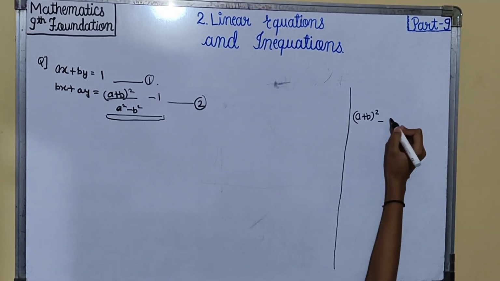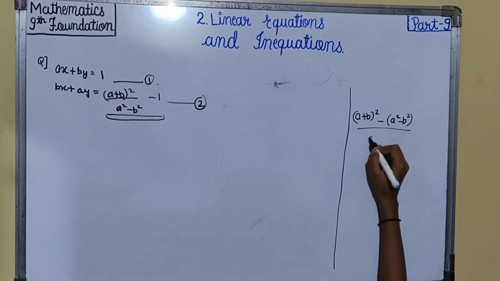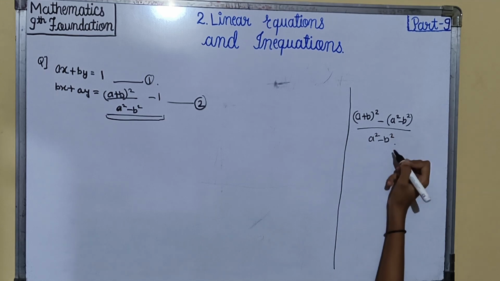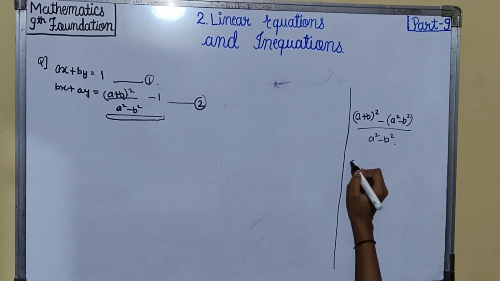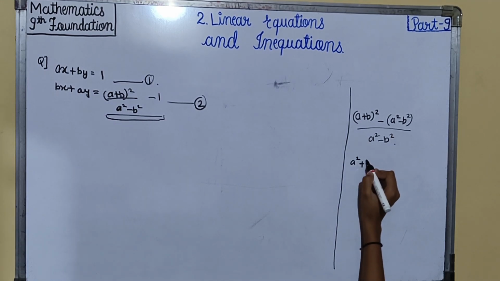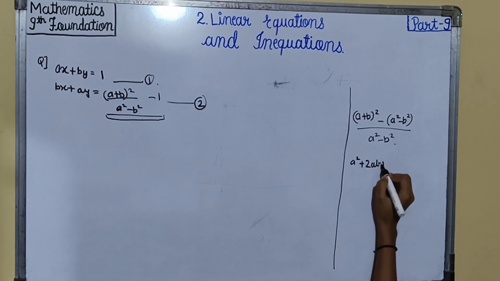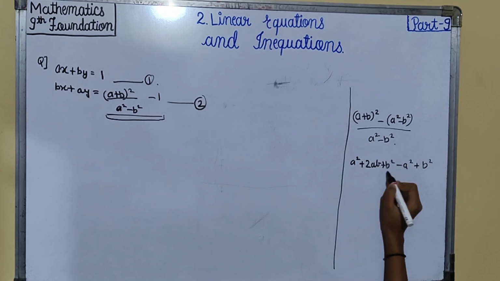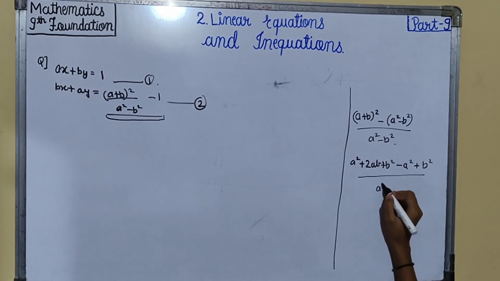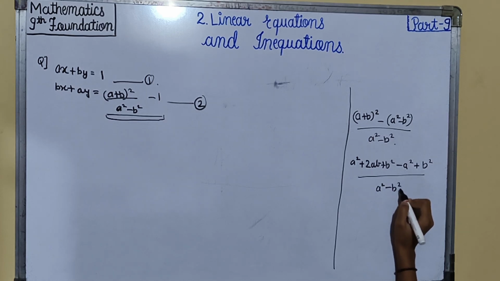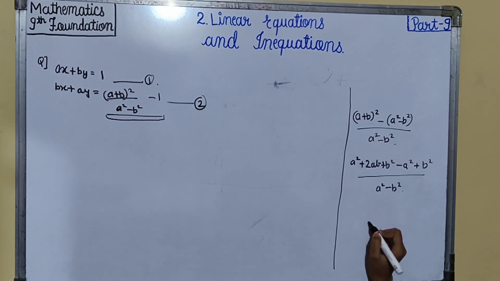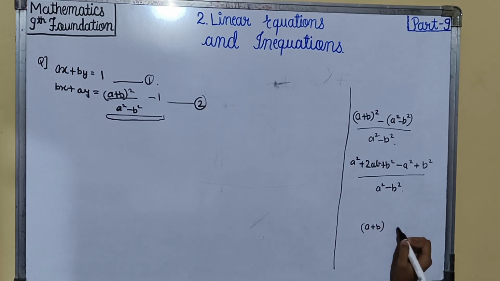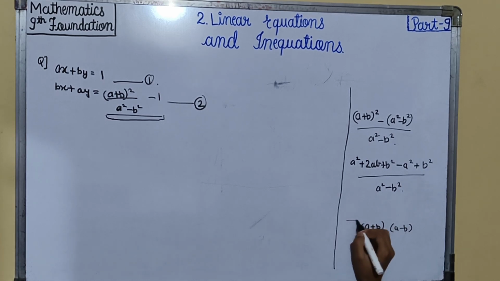We'll take the LCM, so we get (a plus b) whole square minus (a square minus b square) upon a square minus b square. This is a square plus 2ab plus b square minus a square plus b square upon a square minus b square. This a square minus b square can be written as (a plus b)(a minus b).